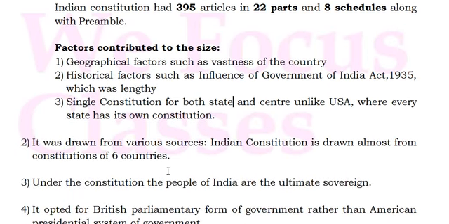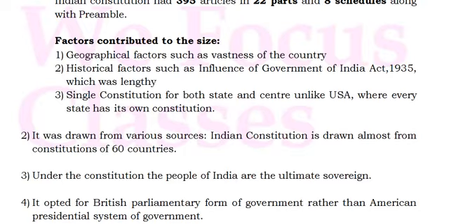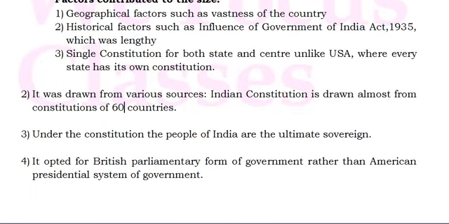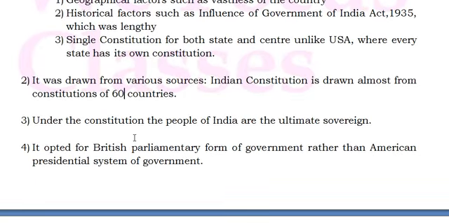The second special feature of the Indian Constitution is that it was drawn from many sources. We have discussed that the constitutions of nearly 60 countries were referred to before framing this constitution. And what is the third feature? This is very important: under the constitution, the people of India are the ultimate sovereign.